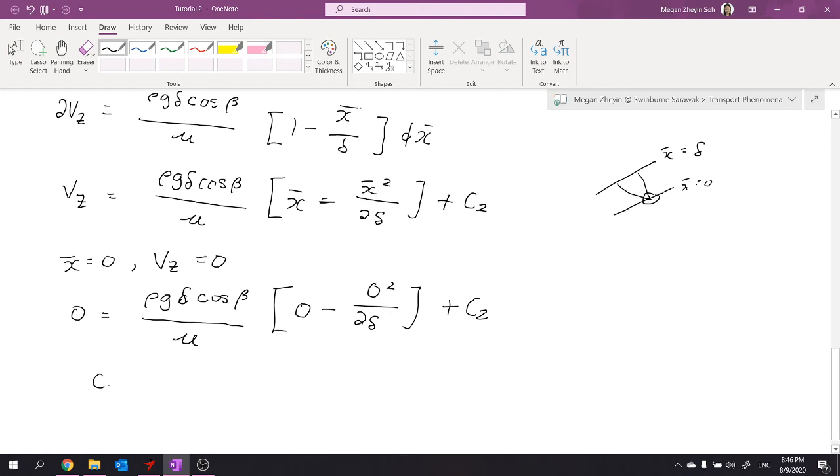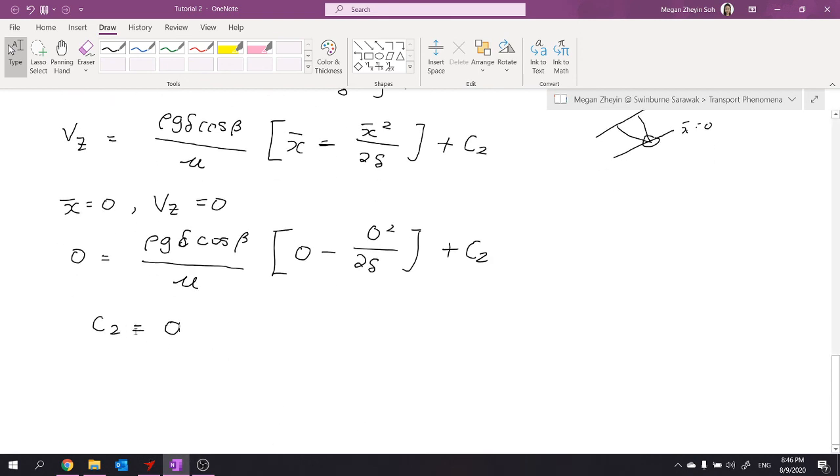Therefore, your C2 equals 0. So C2 equals 0 is substituted back into the equation.